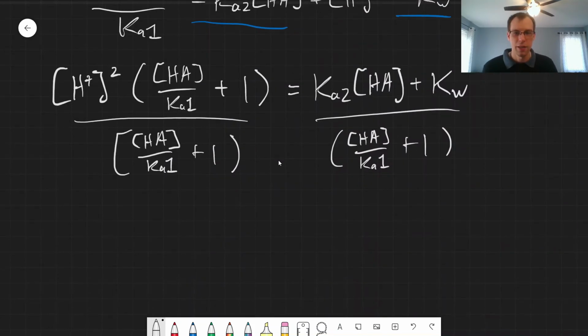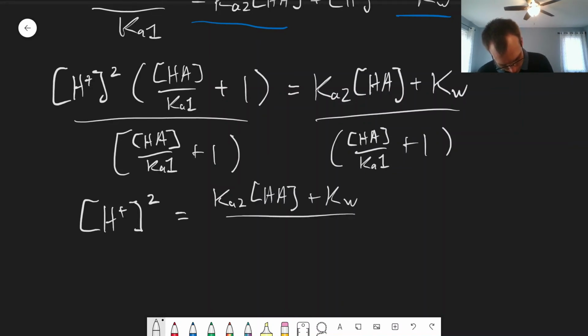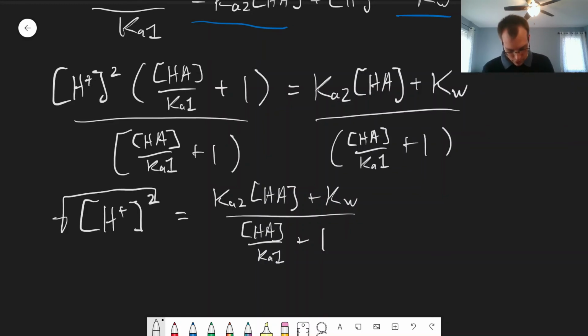And we have an expression that gives us concentration of H plus squared is equal to Ka2 times concentration of HA plus Kw divided by concentration of HA over Ka1 plus 1. Then we can take the square root of this whole expression. And there we go. We've solved it. This is the expression that we get.